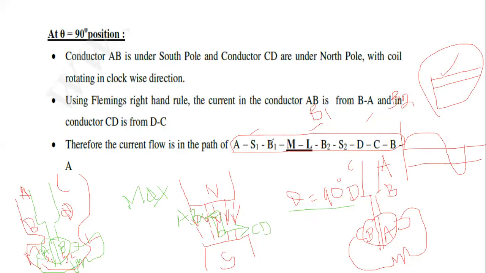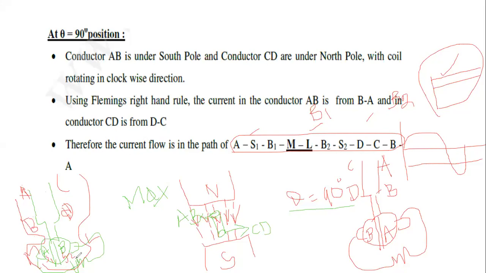What is the use of split rings? When the split rings rotate, automatically the conductor is also rotated. In the previous case, by using slip rings, the slip rings do not rotate, only the conductor changes its position.